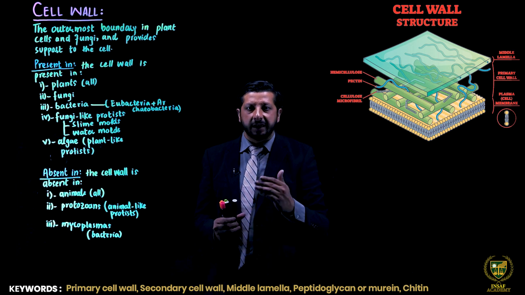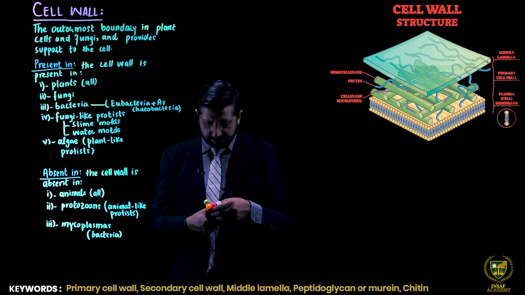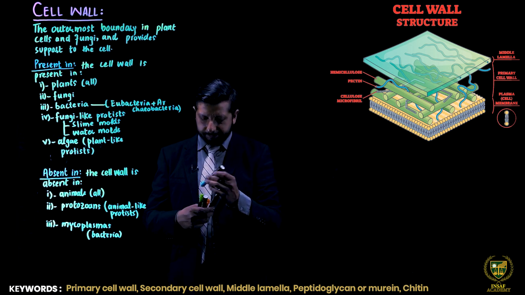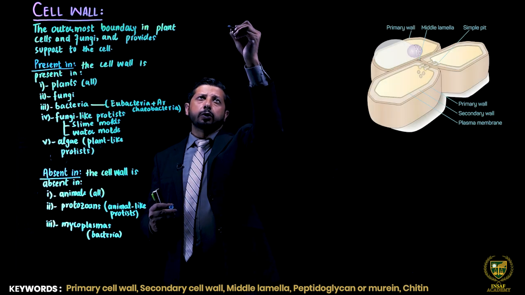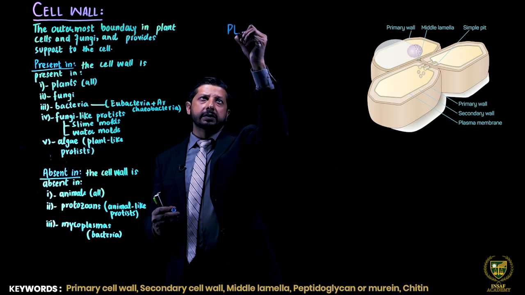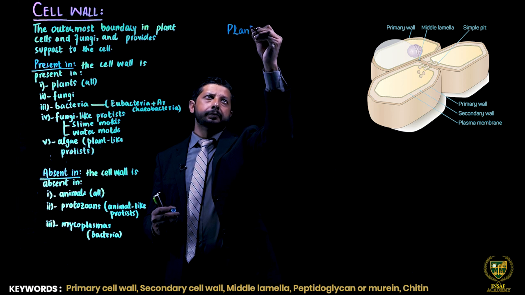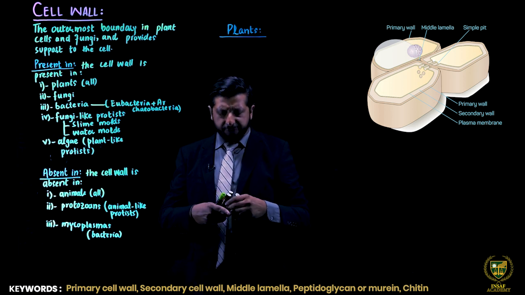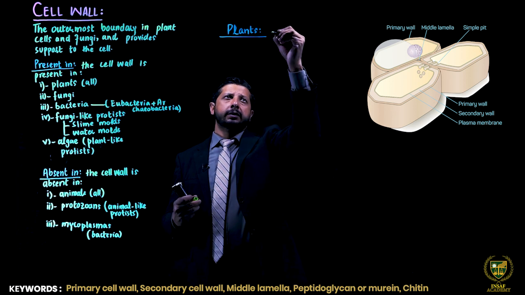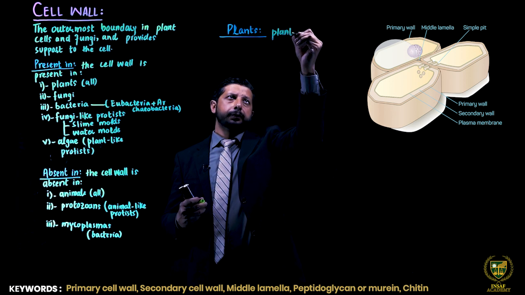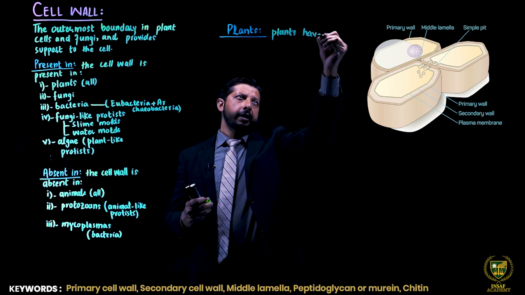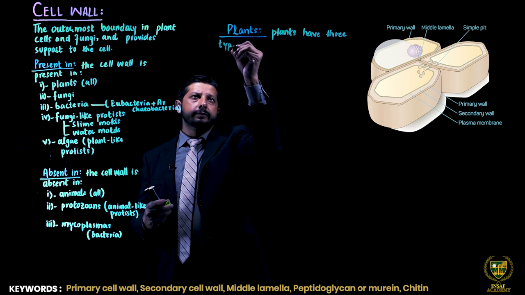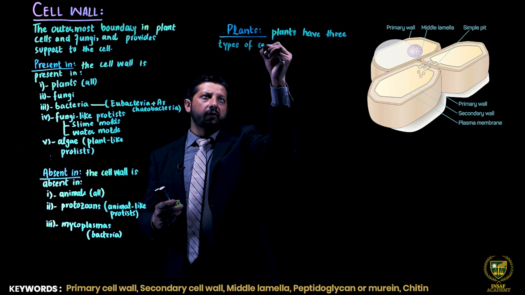So now we will discuss turn by turn in all of these organisms which possess the cell wall. Now, number 1, if we talk about the plant cells, in plants, the plants have 3 types of cell wall.